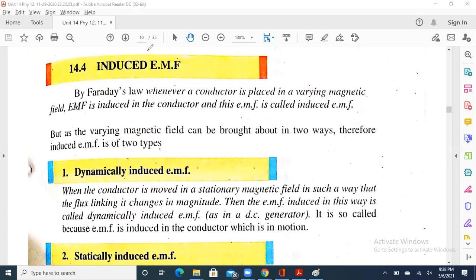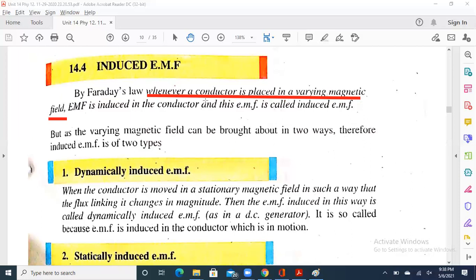Anyhow, Faraday has told us something by Faraday's law, which is called Faraday's law of electromagnetic induction. And what is that? Whenever a conductor is placed in a varying magnetic field, varying means changing, and how is it changing?